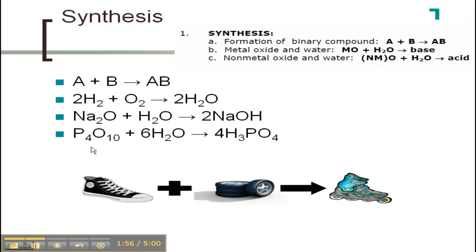So tetraphosphorus decoxide plus water is going to give us phosphoric acid. So we just basically take our H and put it in front, and it's usually a polyatomic ion here. So if we take our tennis shoe, add wheels to it, we get rollerblades. It's our little fun picture.